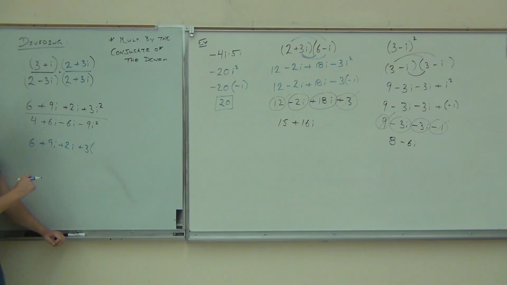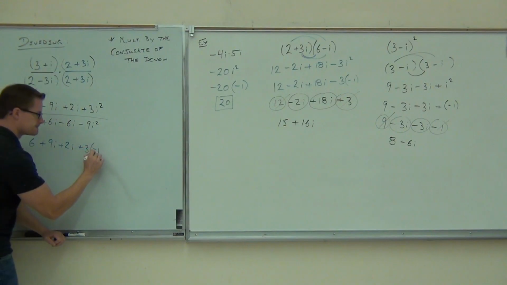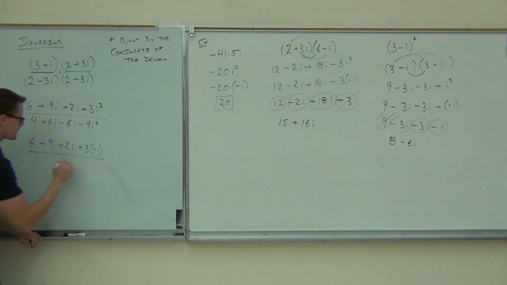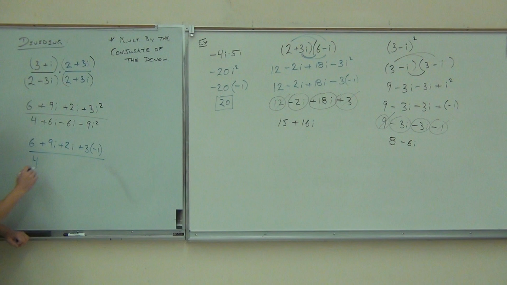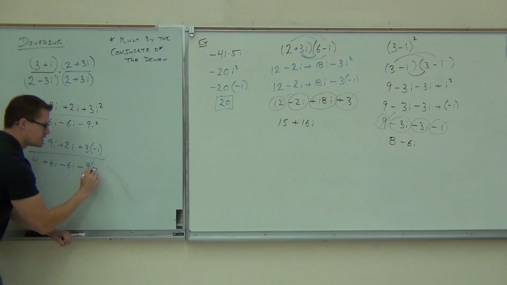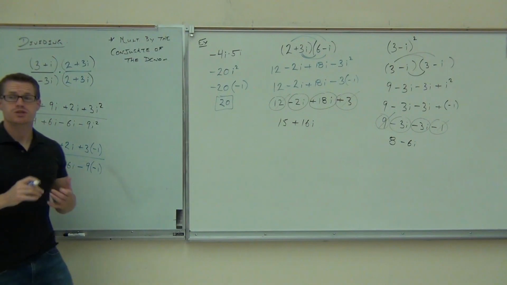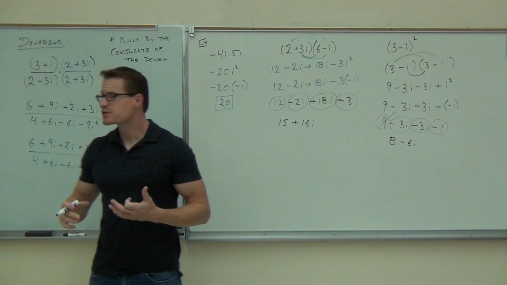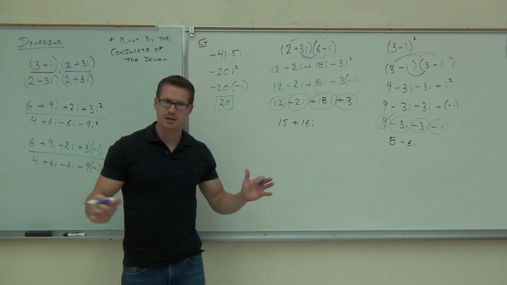What's the i squared again? Negative 1. We're going to have 4 plus 6i minus 6i. If you want to eliminate these right now, that's fine with me. I'm just showing them so that you see every bit of work. Minus 9 times, the i squared is negative 1. Again, go slowly, think through it. The toughest part about this is the negatives, that's it.